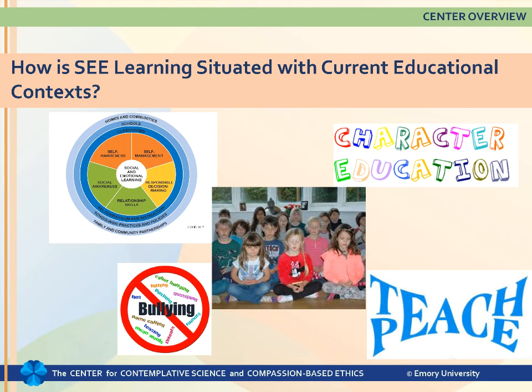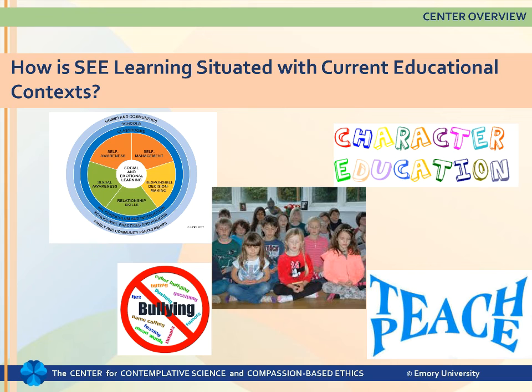C Learning draws from a variety of education programs that have taken place over the past few decades: character education, peace education, social and emotional learning, anti-bullying programs, trauma-informed programs, and mindfulness in education programs.